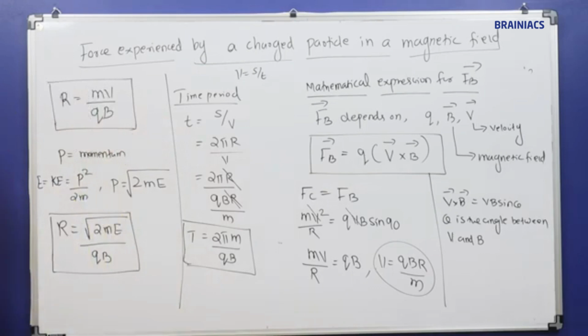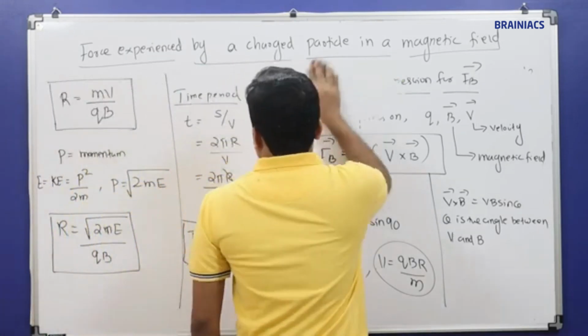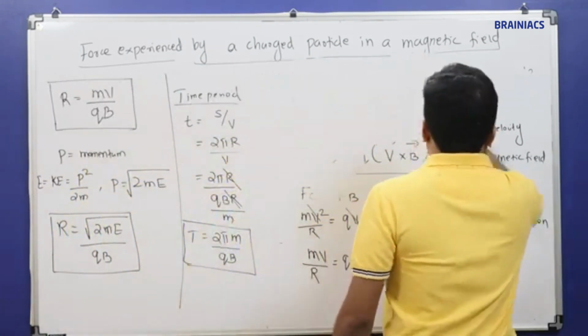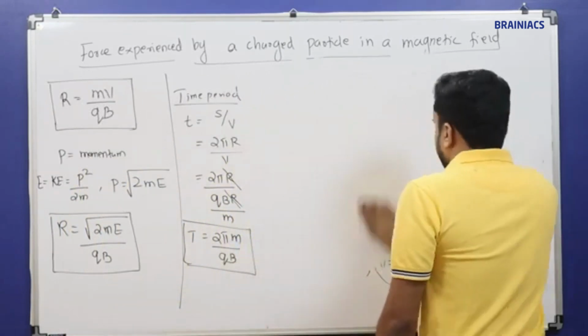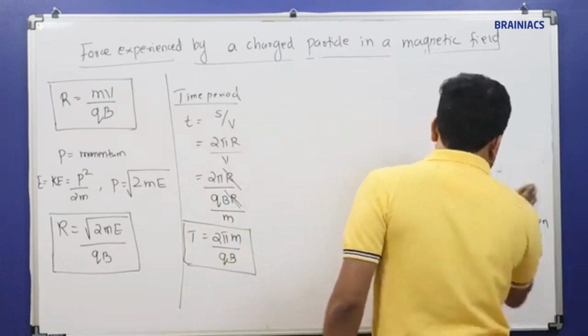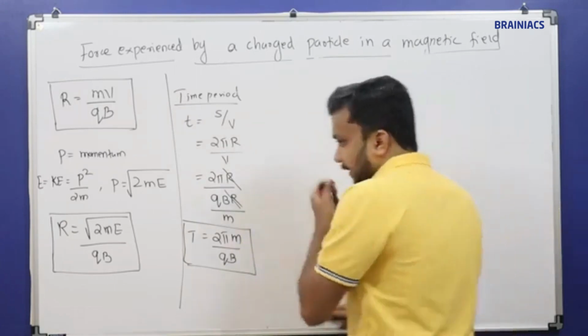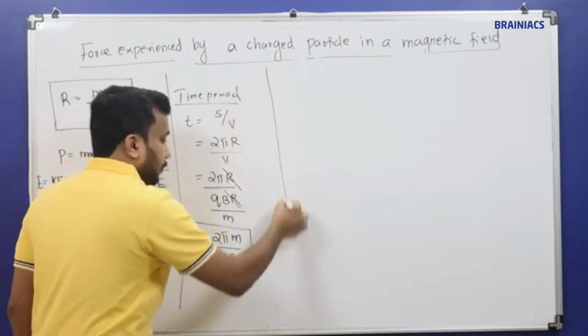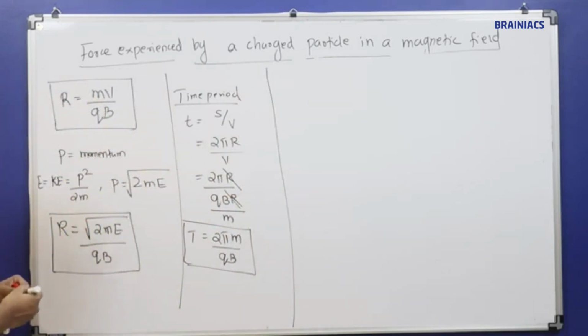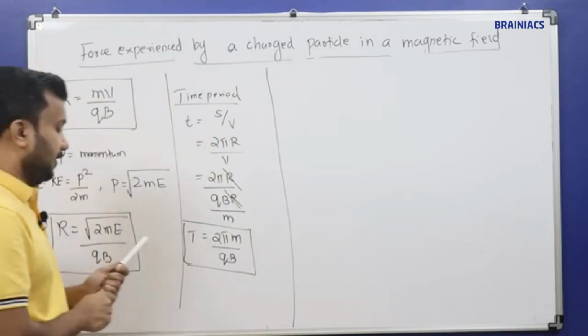This is not over, we still have to continue. So the time period equation, the radius equation in terms of momentum and in terms of kinetic energy relations, we learned from first year. I hope you remember first year topics also, because they are equally important for NEET.